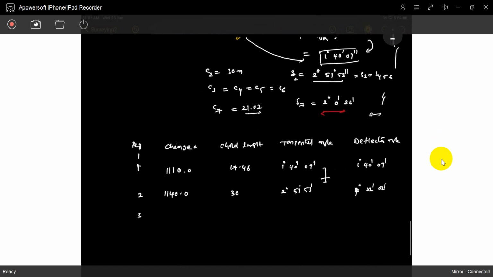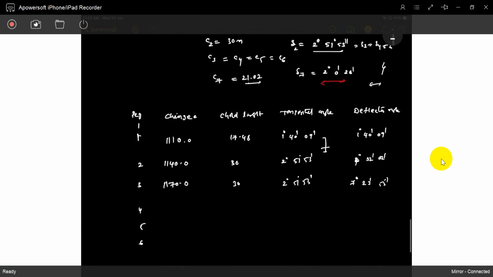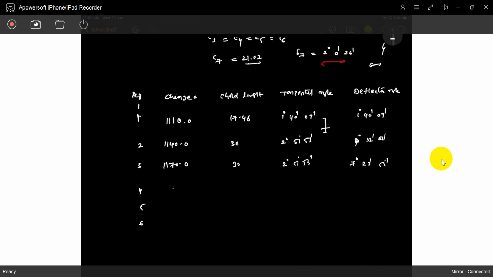So 1170. Again chord length 30, again 2 degree 51.53. So you add it, and it will come to 7 degrees 23 minutes 55 seconds. Then go with 10 degrees 15 minutes 48 seconds.